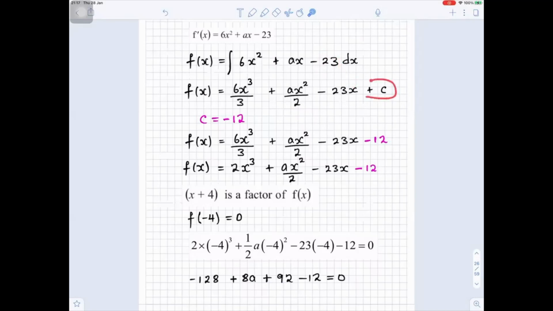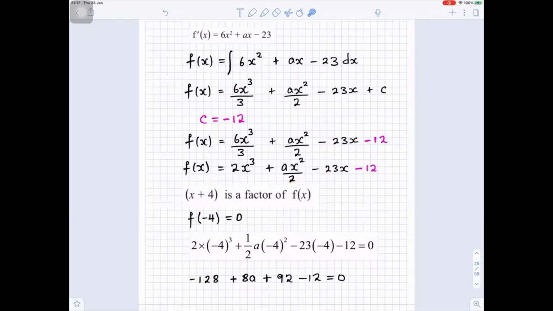And then plus c, the constant of integration. So that's what f of x is. But it tells us that c is minus 12. So we put in minus 12 for c. Now 6 divided by 3 gives you 2. So we write it out in this simplified form.